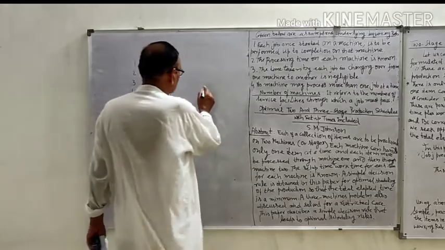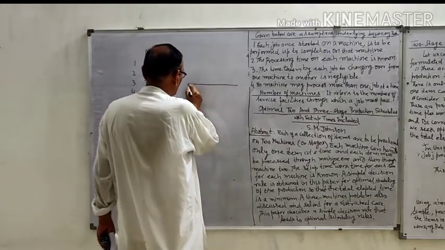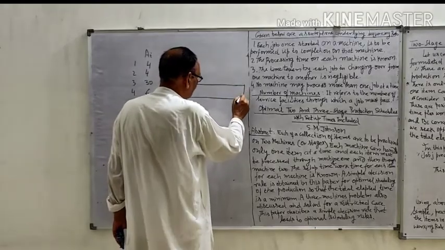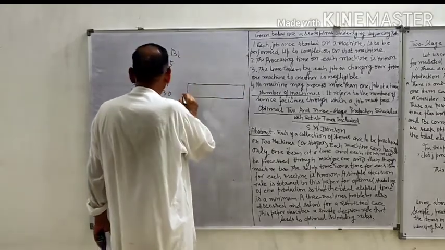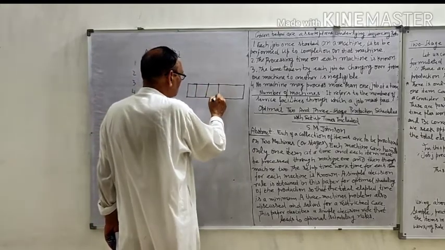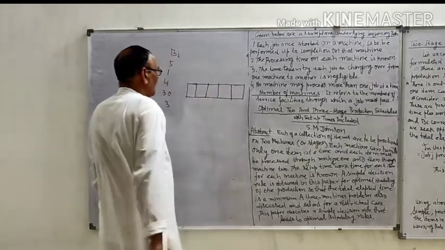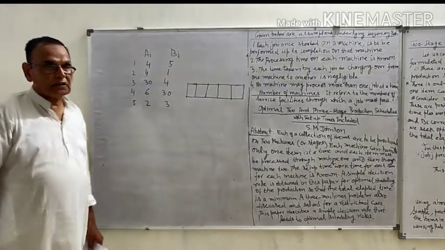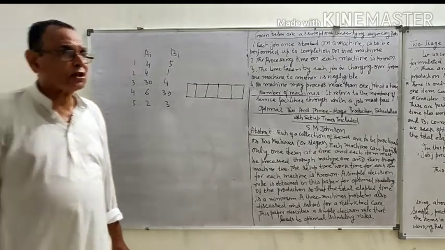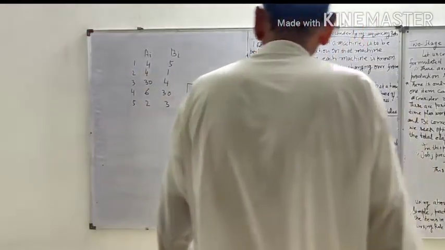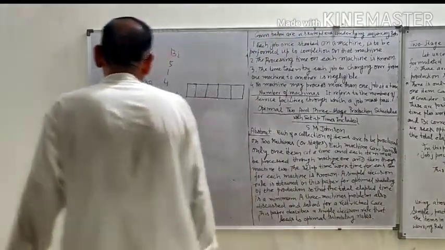Now let us apply the rule or the method given by Johnson. There are 5 jobs, 1, 2, 3, 4, 5. What is the minimum or the shortest processing time among all processing times for machines A and B?